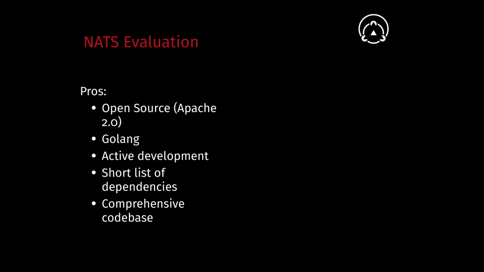But I had certain criteria, and I was looking for projects that were active, and that meant within the last 6 months they had some type of development effort going on. I was looking for a project that was Go, because it would match the SCION PAN library, the path aware library, which is also written in Go, making it just easy to import and utilize.